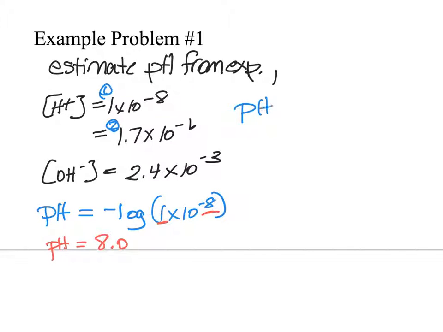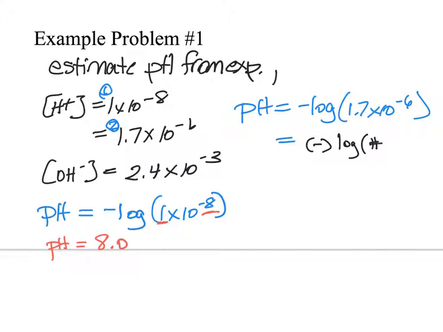pH is equal to negative log of 1.7 times 10 to the negative 6th. The way that I put this in my calculator, if you have a graphing calculator, you can go ahead and put in the change sign and log, and then put in the number in parentheses, so the number, EE, negative, and then the number again.